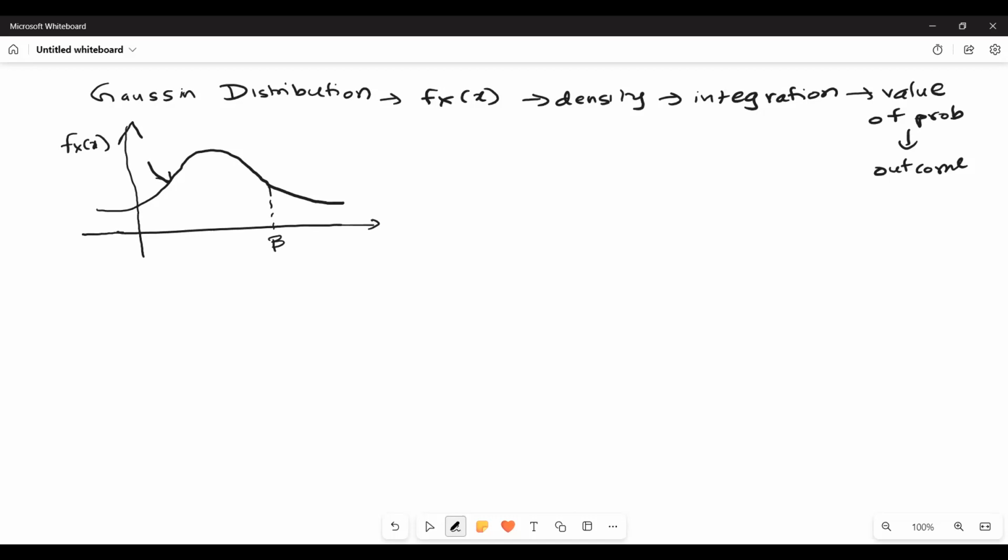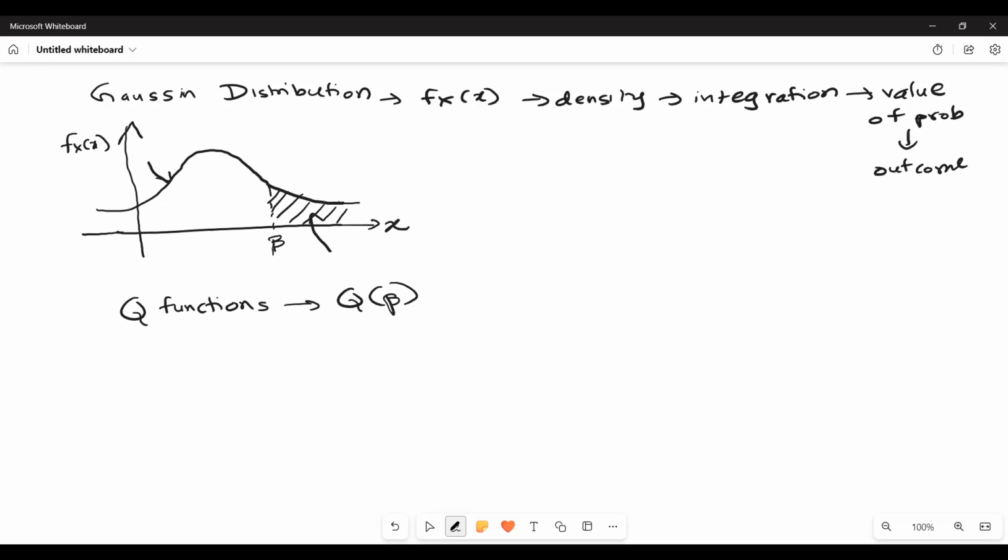Let's say I want to find the probability above this outcome beta. Then there are tables available, like Q function tables, to find the Q function values of this integration that we do beyond this constant value beta, right?